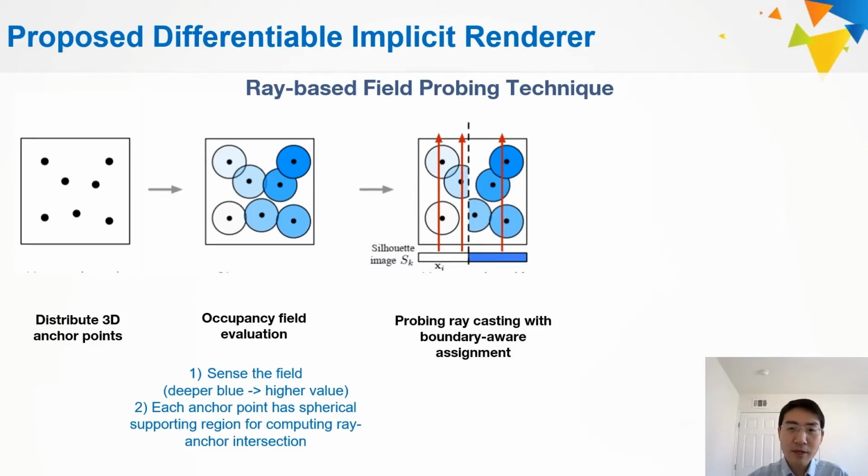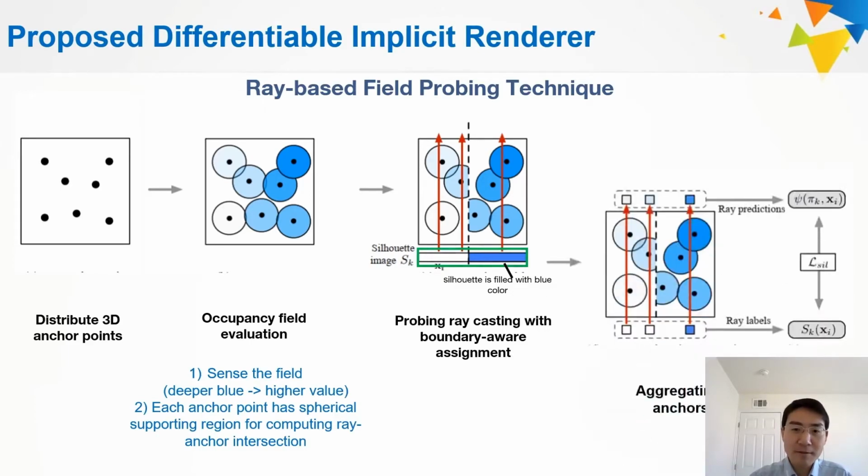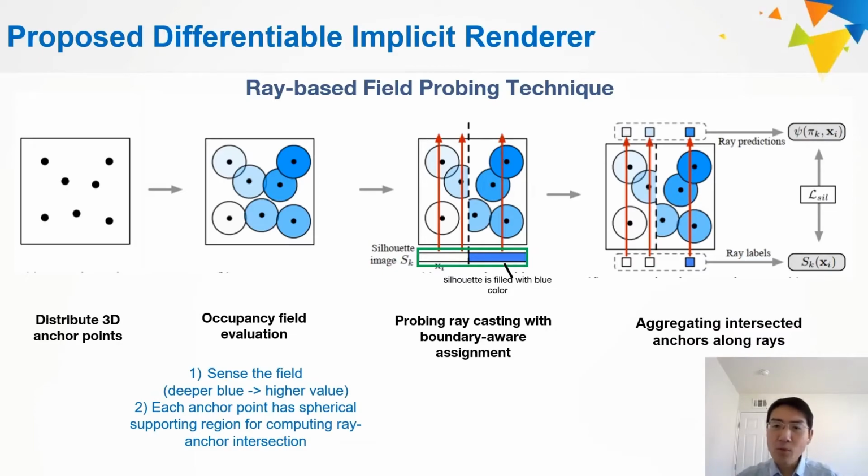Let's say the ray is coming from the bottom to top. Here, we perform ray casting with boundary-aware assessment. The assignment is from which point, which silhouette, we intersect with these spheres. We aggregate the intersected anchors along these rays and compare with the ground truth, so that such a loss will help us to do the backpropagation.